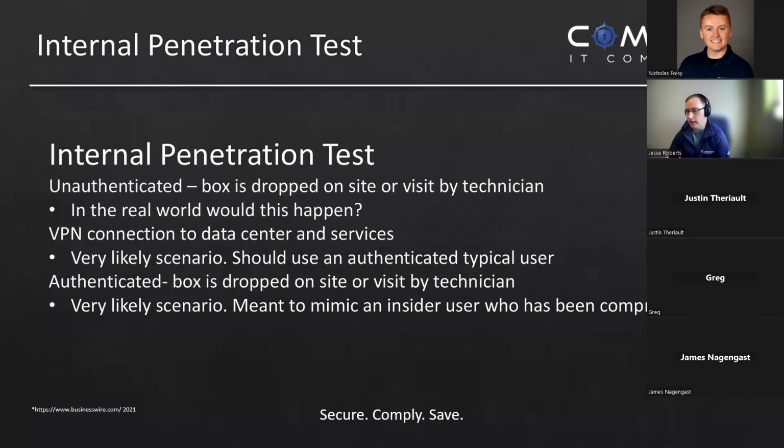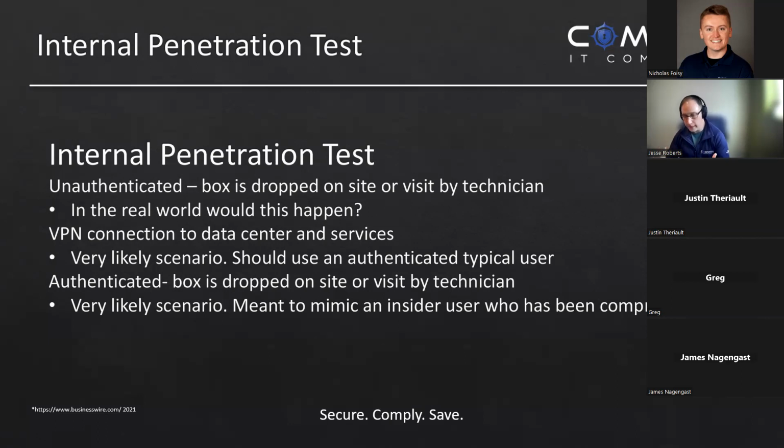But I've often come back to that question: is that a realistic scenario? It just doesn't feel right to me. What it comes down to is, yeah, you're going to get some results and maybe secure some things, but overall, in the realm of possibilities, somebody's not just going to have unauthenticated access into your network.